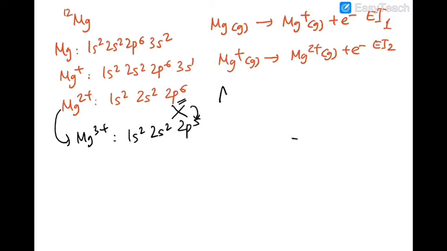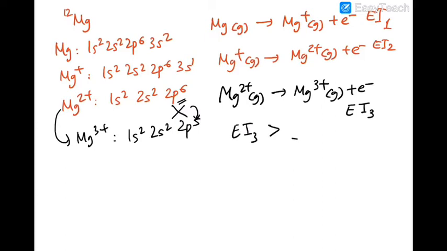So for Mg2 plus in gas to become Mg3 plus in gas plus electron, which corresponds to the EI3, the EI3 will be very, very large in comparison to EI2 and also EI1.